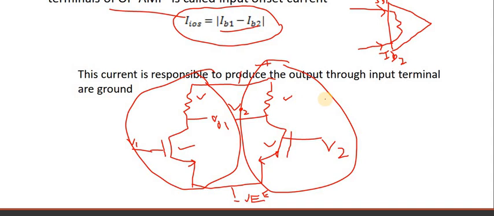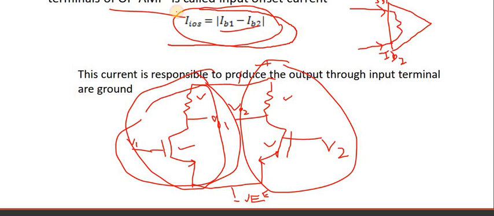Suppose this section has more length of metal layer and this section has less length. Definitely one part has more resistance, another part has less resistance, and you will get some current difference. So because of this layout, this difference in current is generated.